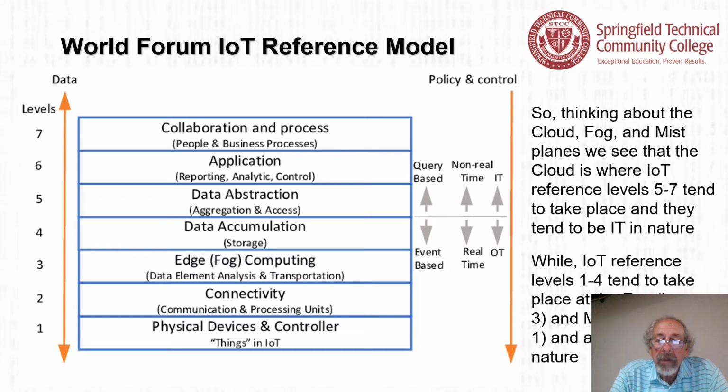So they're real-time, operational technology, and event-based. You can see that in the World Forum reference model. Again, top 3 layers, query-based, non-real-time, IT. Bottom 4 layers, event-based, real-time, OT.